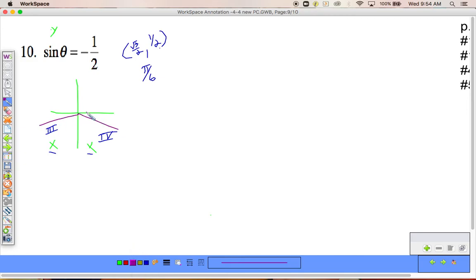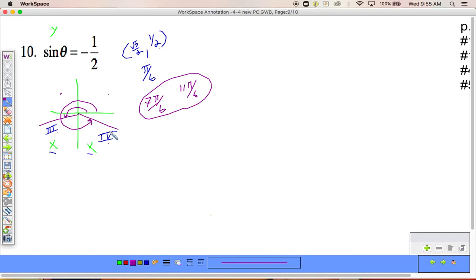These are my pi over 6s. My pi over 6 in the third quadrant is 7 pi over 6. My pi over 6 in the fourth quadrant is 11 pi over 6. Pi over 6s go 1, 5, 7, 11: pi over 6, 5 pi over 6, 7 pi over 6, and 11 pi over 6.